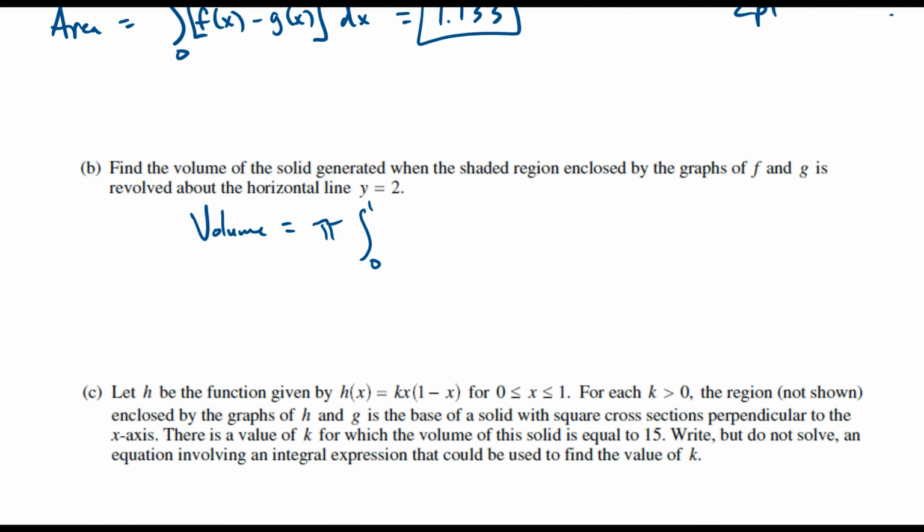So my volume here is going to be pi times the integral of 2 minus g of x squared minus 2 minus f of x squared with respect to x. And then from there, again, it's a calculator problem. So I'm going to go to my calculator.